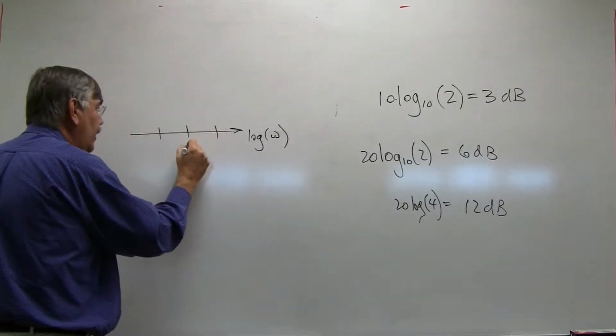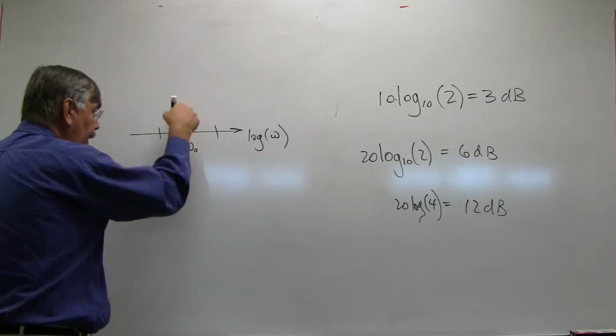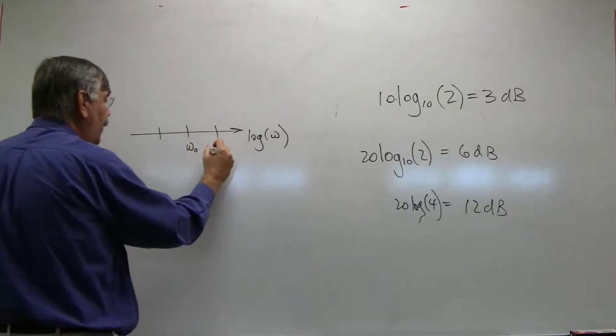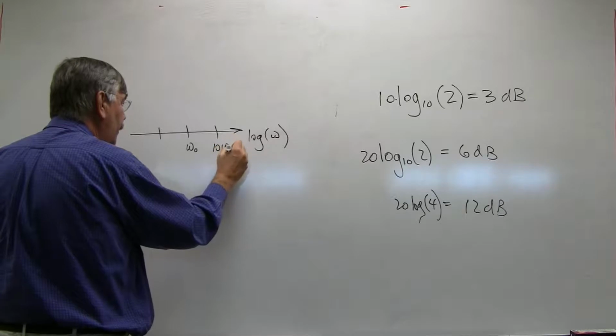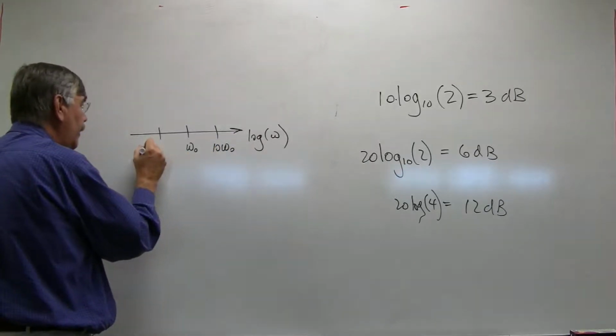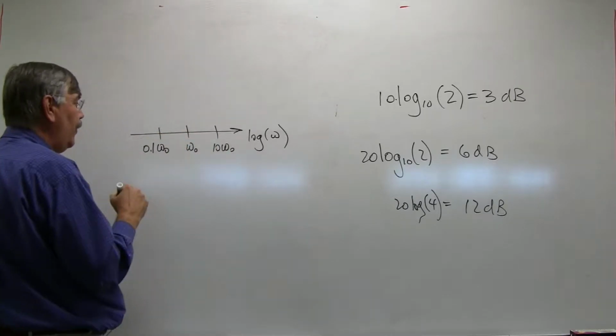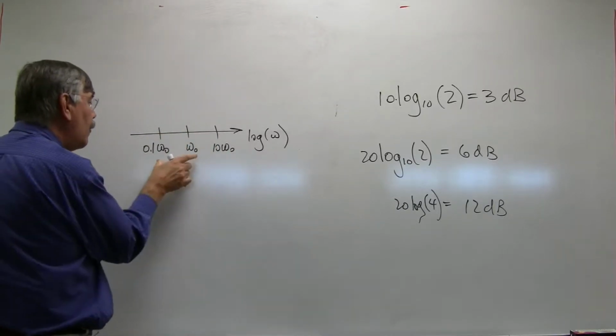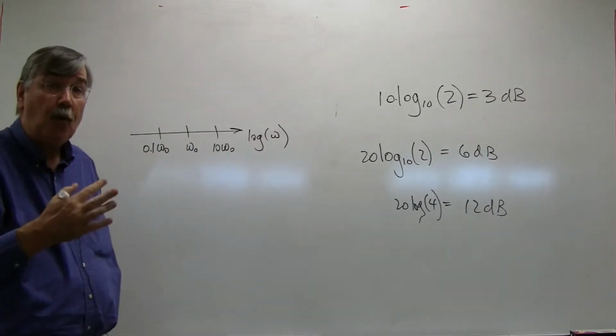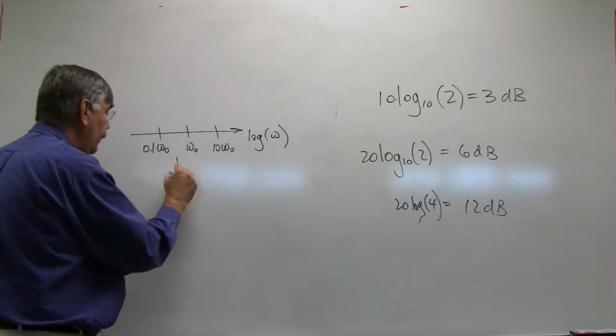So if this is omega naught, corresponds to this point, and this one is 10 times omega naught, then 1/10 omega naught will be over here, and the spacing from here to here is equal to the spacing from there to there. A ratio in frequency of 10 to 1 is called a decade.